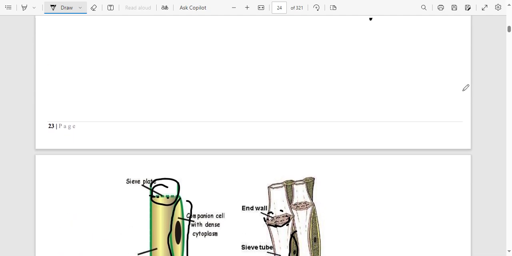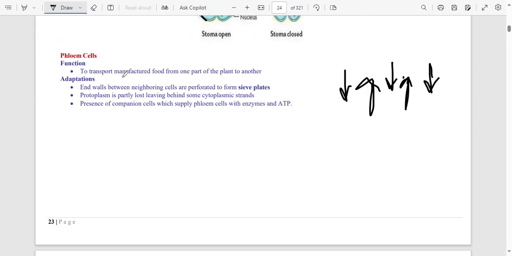So what are the adaptations of this phloem cell? They have got end plates which are perforated to form sieve plates. They have got openings different from the xylem cells. I think I'd mentioned perforated, but those are not perforated. They are actually continuously open to allow things to totally pass through them.